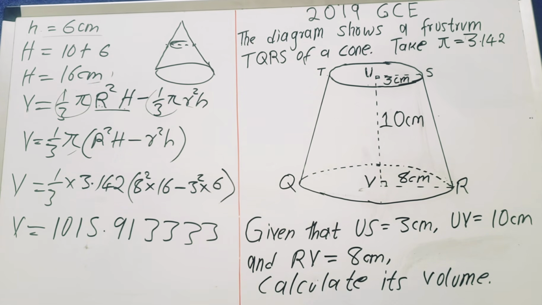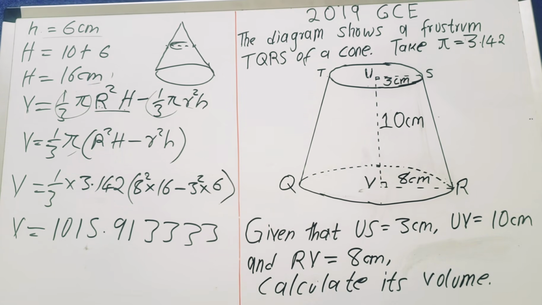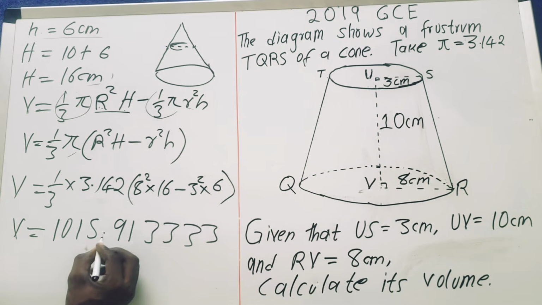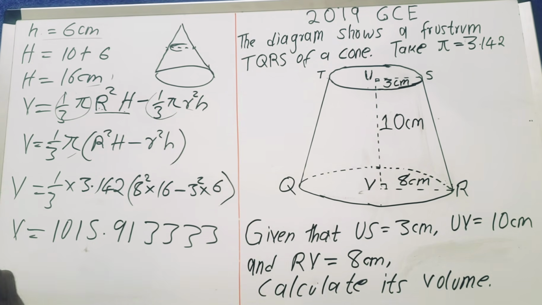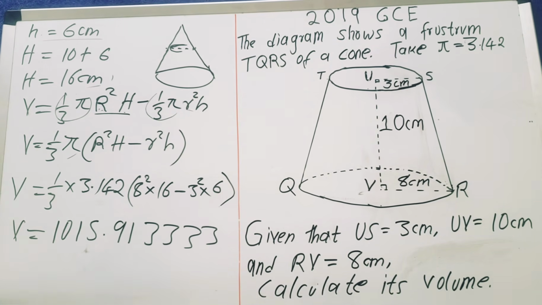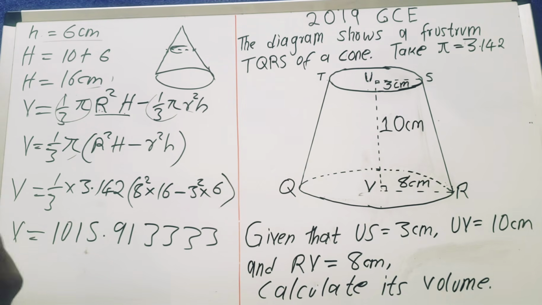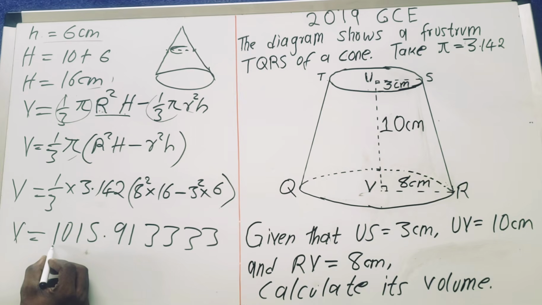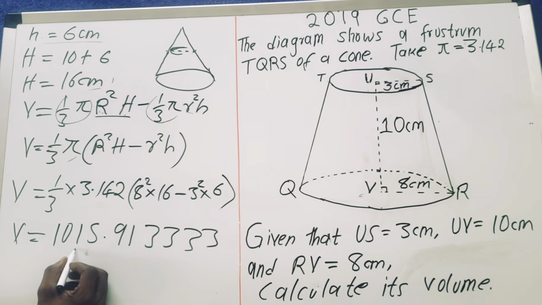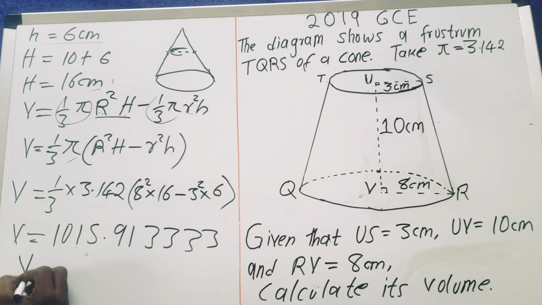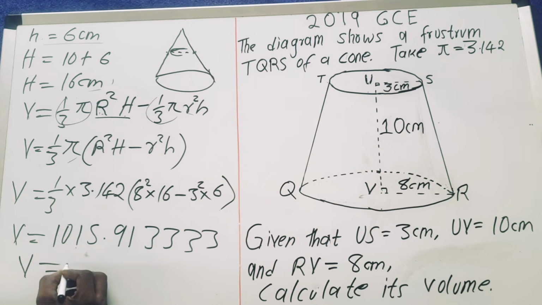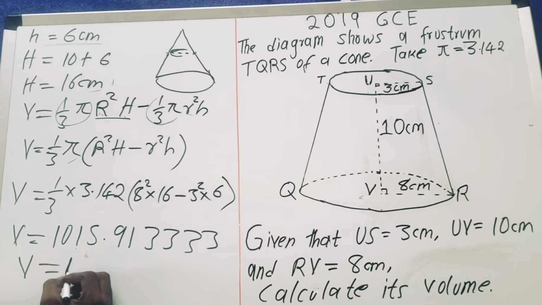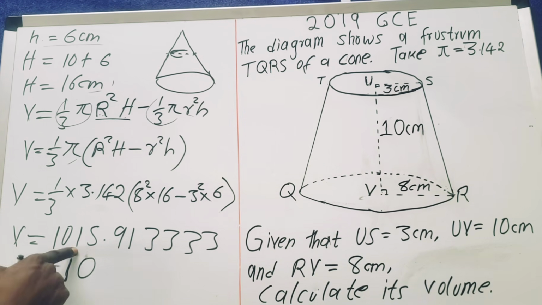On the instructions, on the front page of the paper, they've said you should leave the answers in decimal form, only in 3 significant figures. That is very important because the instruction is there. So we only need the first 3 numbers. This is 1, this is 0, so we need to end here.